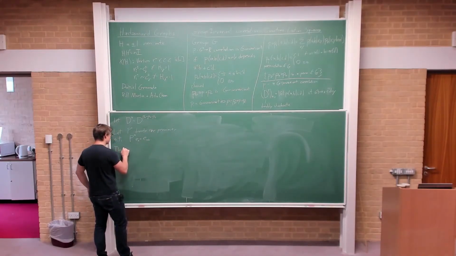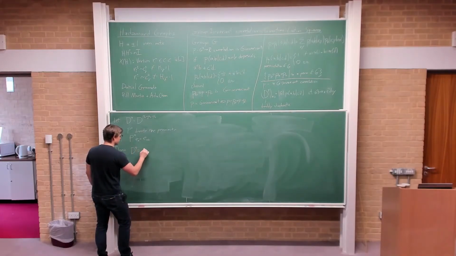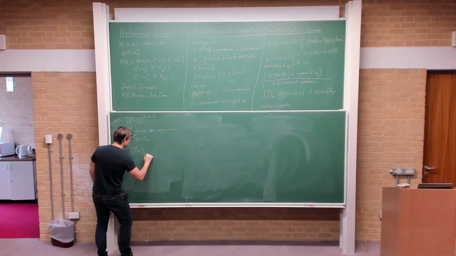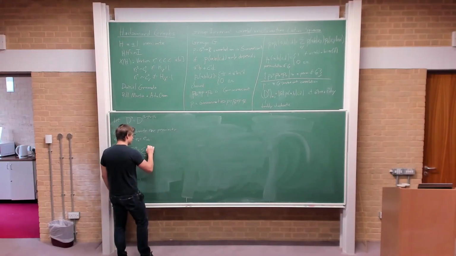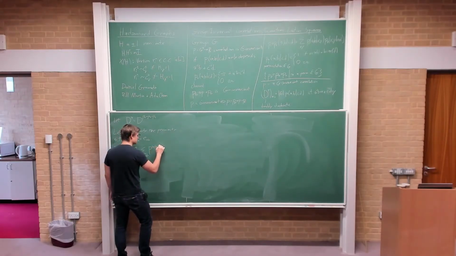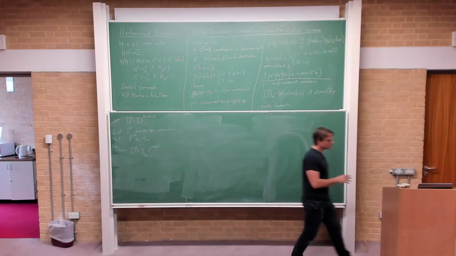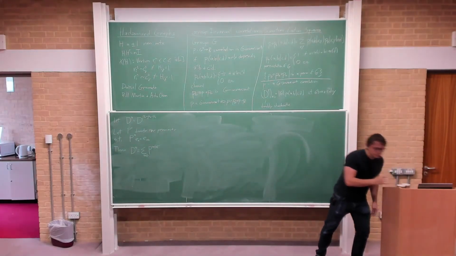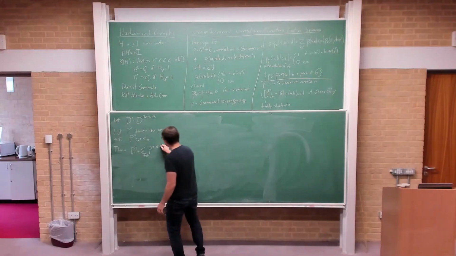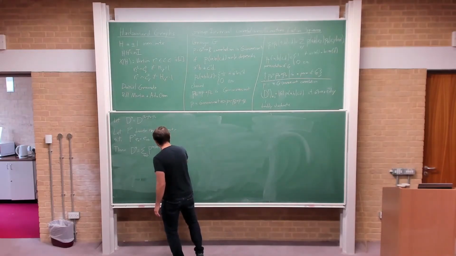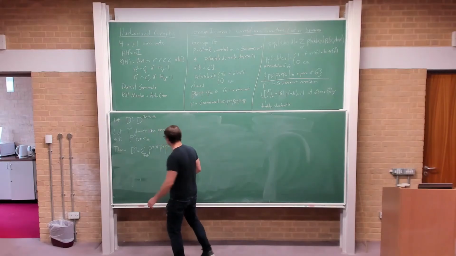And I can write down this d pi as equal to the sum over a in G of p sub pi of a, let me double check that, sorry. Yes. I guess I didn't say what this is.